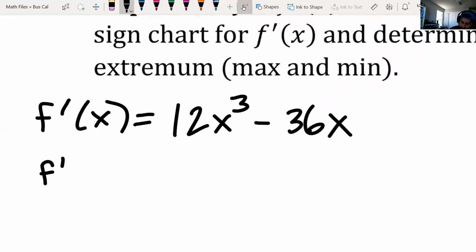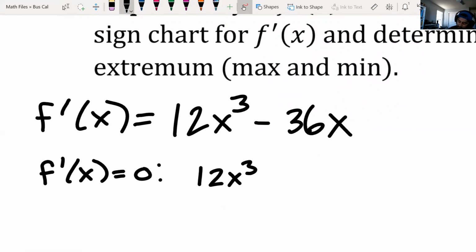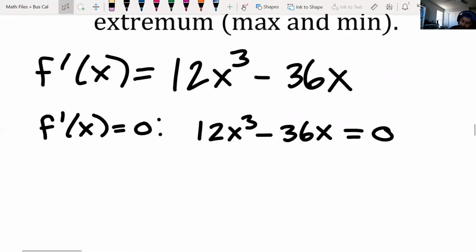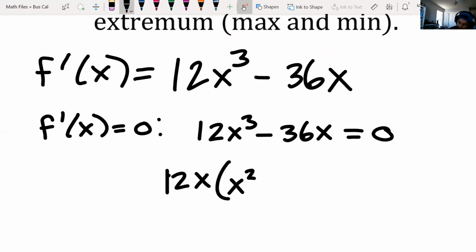So for this step, we take the first derivative. We set it equal to 0. So we take 12x cubed minus 36x, we set it equal to 0, and we solve for x. What can I factor out? 12x, right? Good. So that leaves you with x squared minus 3 equal to 0.